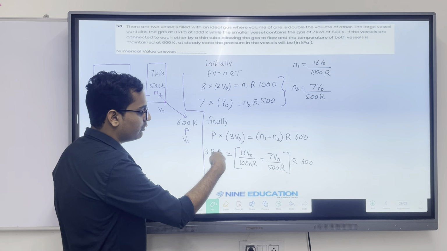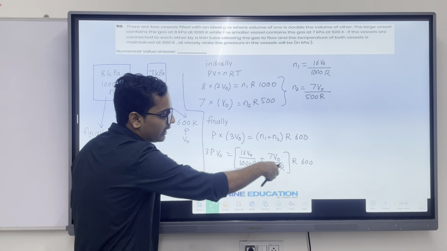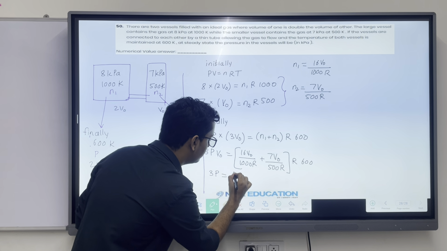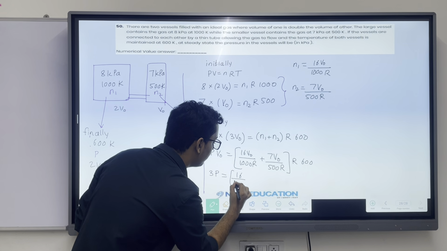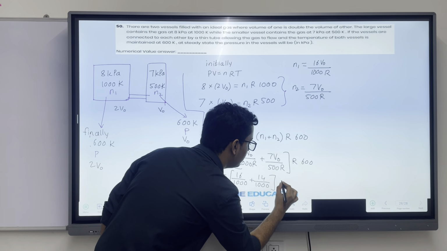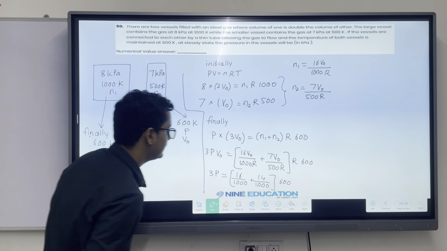You can clearly see V0 is cancelled, R is also cancelled. So you are left with 3P equals 16 by 1000 plus 14 by 1000, into 600.